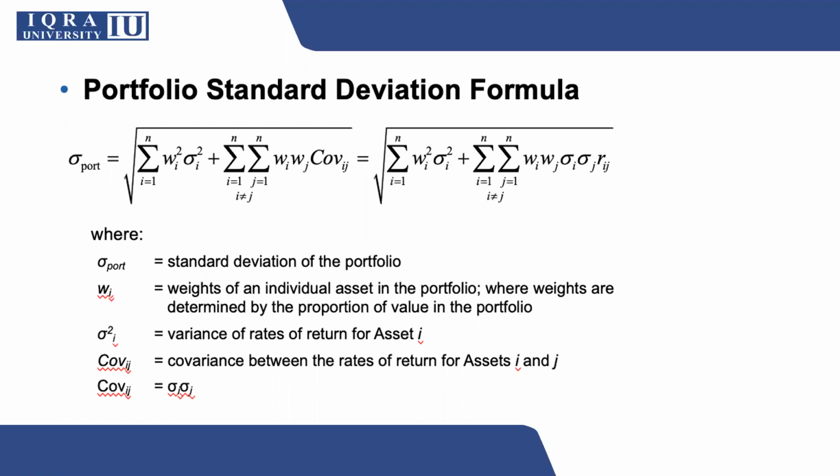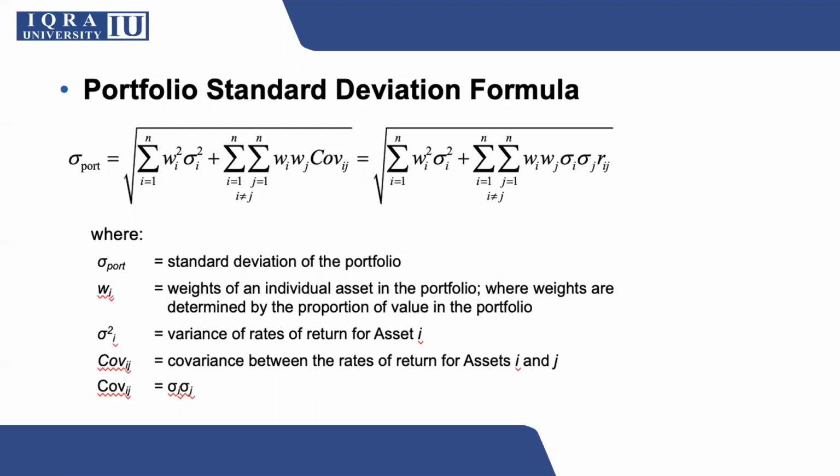Now look at the formula for calculating the standard deviation of a portfolio. Here I am taking a two-security portfolio that will cover the entire concept of portfolio standard deviation. Later on, it's up to you how many securities you add to your portfolio plan. You will need the weight of investment in each security and its variance.